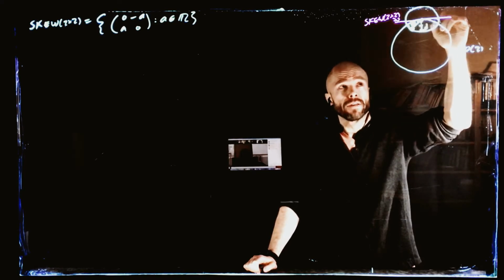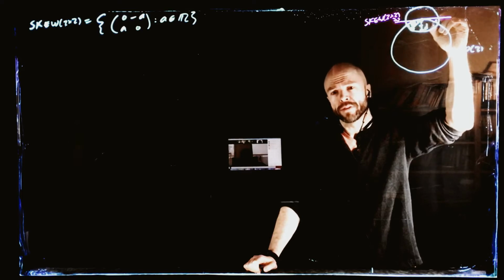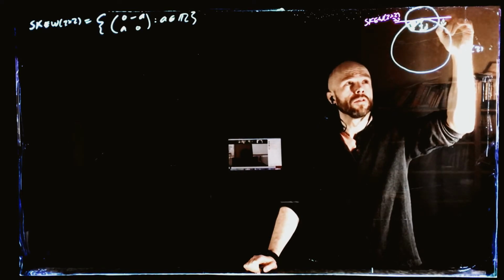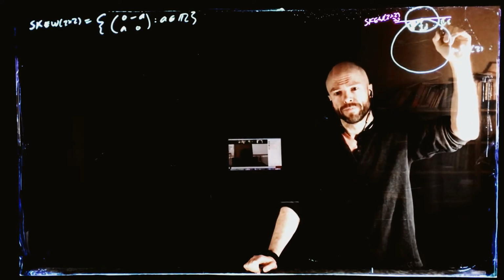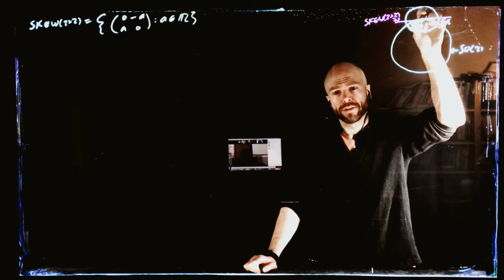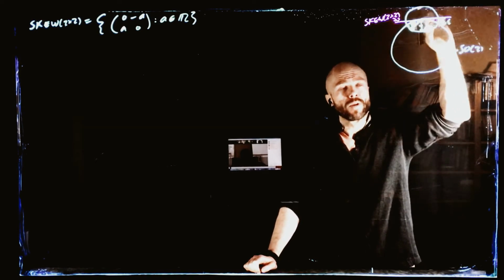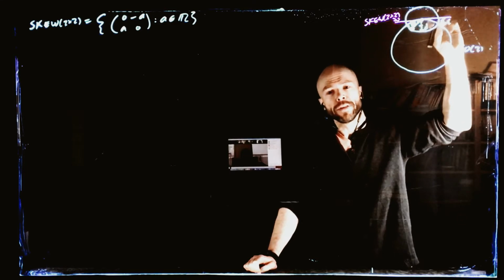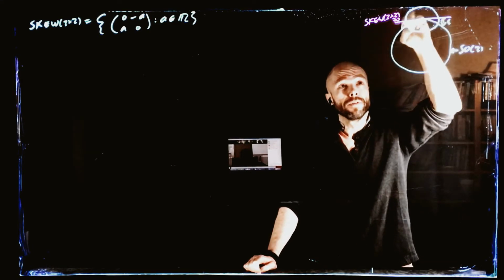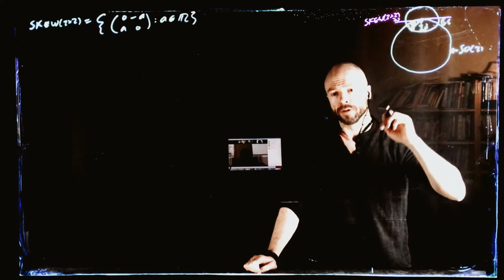So that distance away from the skew-symmetric matrices is actually of order epsilon, because this ball is of radius square root of epsilon, and we have this quadratic curvature here. So we actually get that the distance away from this subspace is of order epsilon.